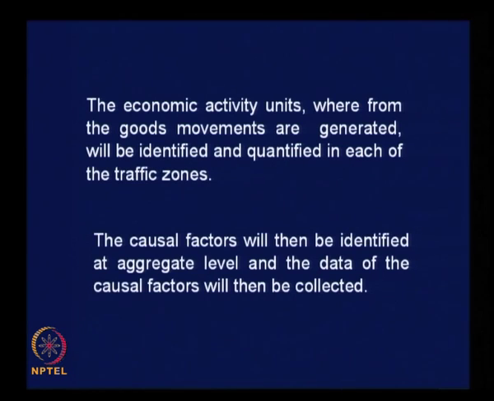The causal factors will then be identified at aggregate level, there is no need for disaggregation, and the data of the causal factors will then be collected after identification of the causal factors. Most of the causal factors, as you know, will be economic factors.